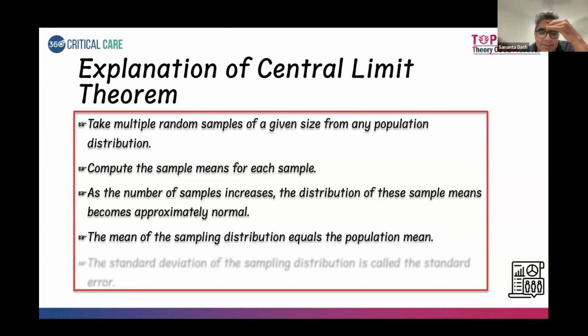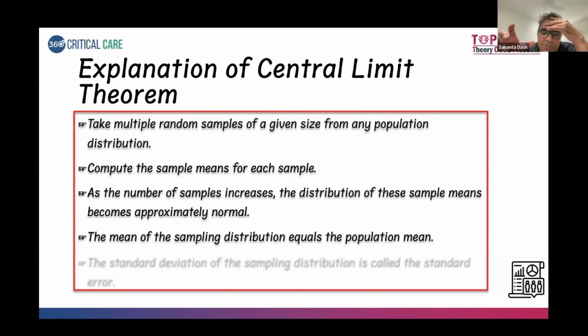In 100 people, you have 10 sample means, which can be differently distributed, and the distribution is not normal. But if you take 10,000 people with 100 groups, each group having 100 people, then the mean of each group will be more or less similar to the population mean. Suppose the whole population had a mean of 5, and each individual group of 100 will have a mean of 4.8, 4.9, 5.2, like that.